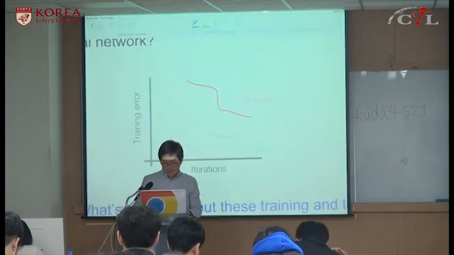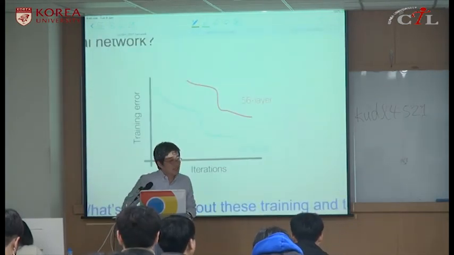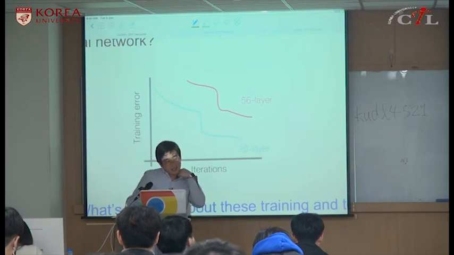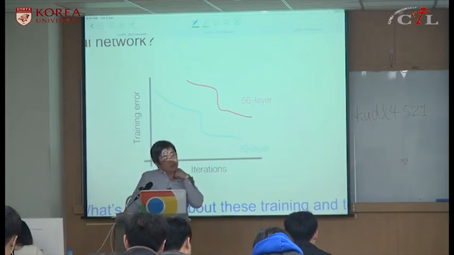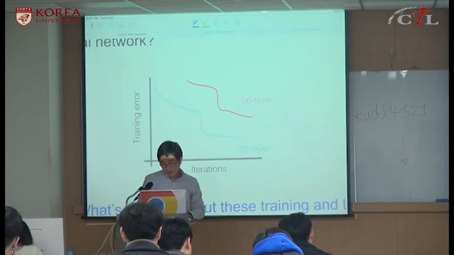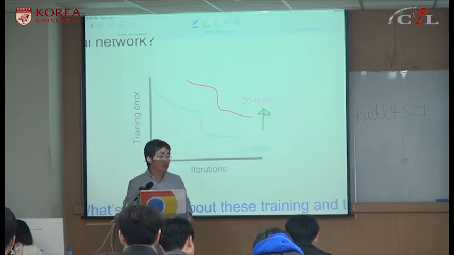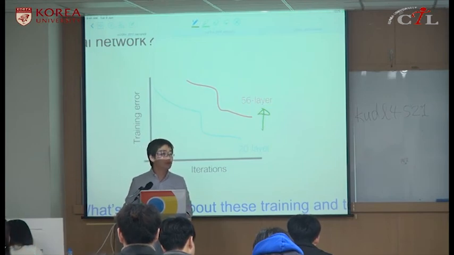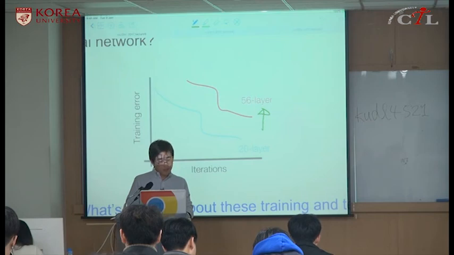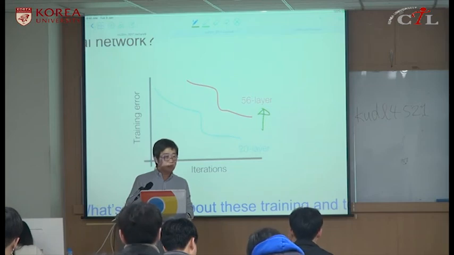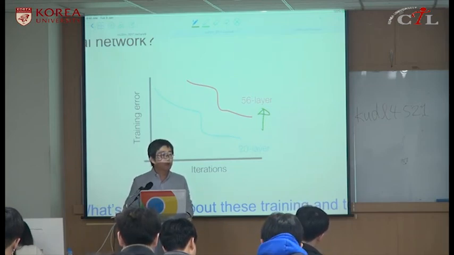But in the case of training error or training data performance, it actually doesn't make sense at all, because if we used a more complex model, in general we have more parameters involved, so we should have better performance than using a simpler model, right?